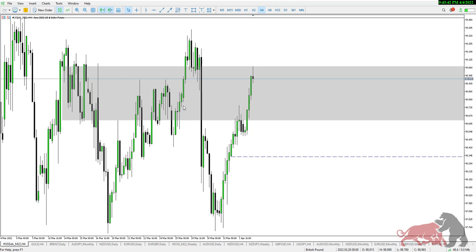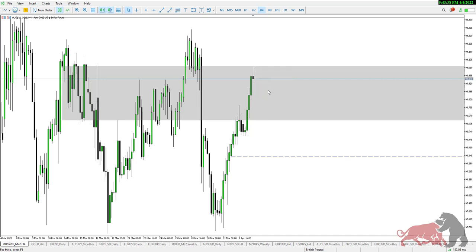The gray shaded area is our weekly bearish order block, and price is right at the top of that weekly bearish order block, so you can probably say it is in overbought conditions.